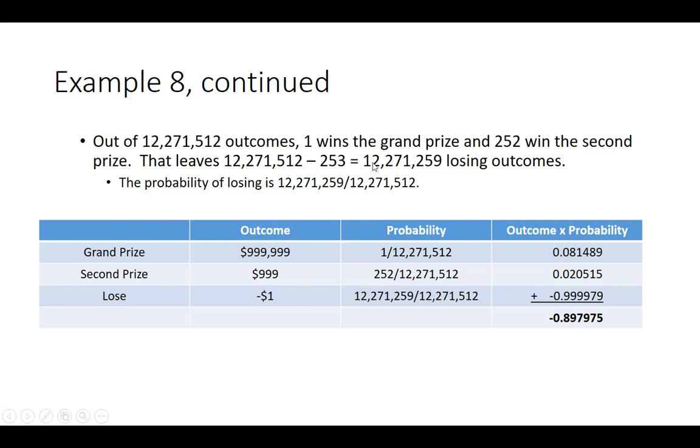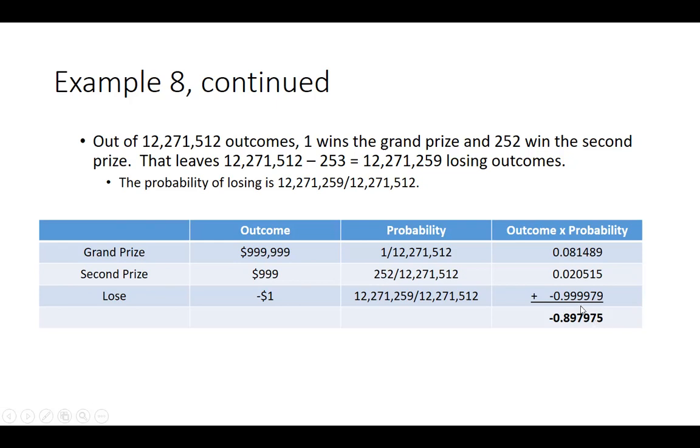That leaves subtracting 253 outcomes from the total number of outcomes, 12,271,259 losing outcomes. So the probability of losing is 12,271,259 out of 12,271,512. Multiplying our negative $1 times that probability, we get negative 0.999979.